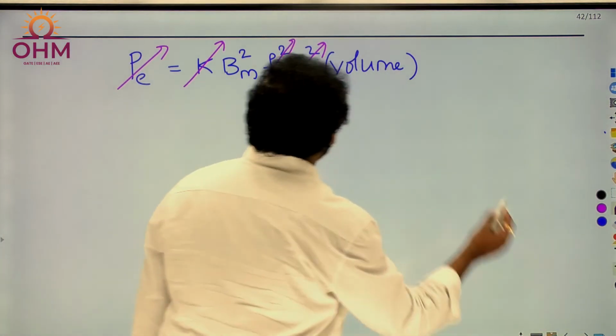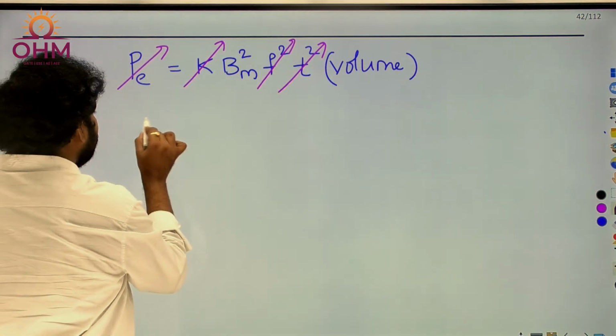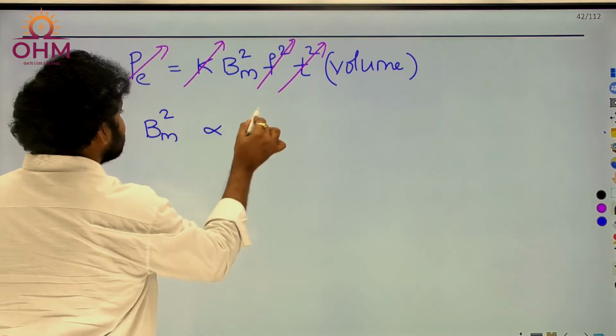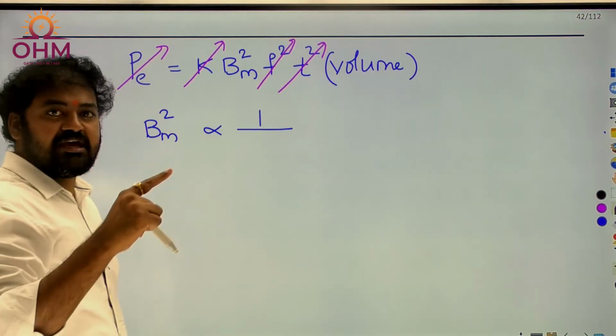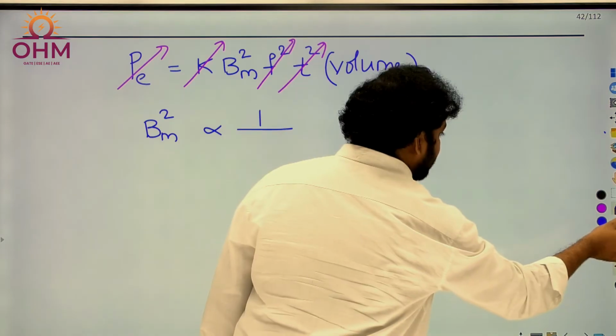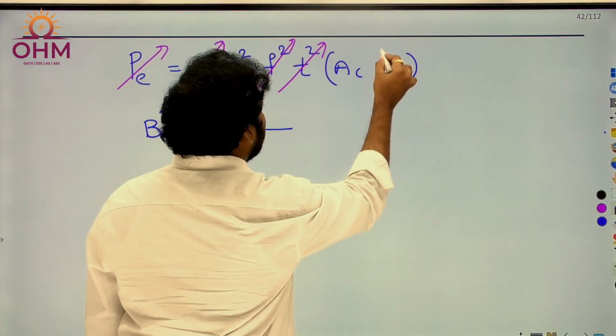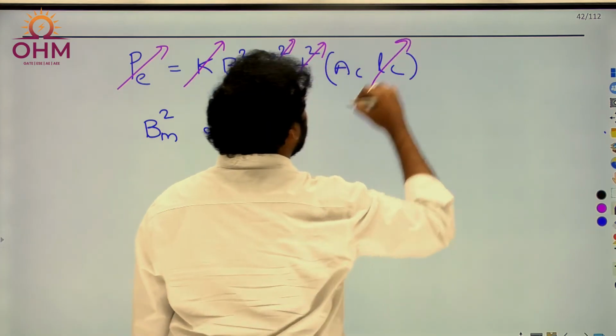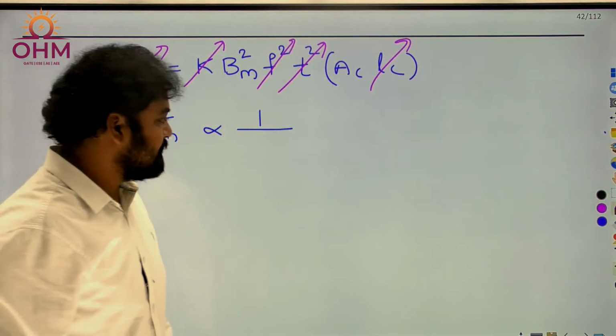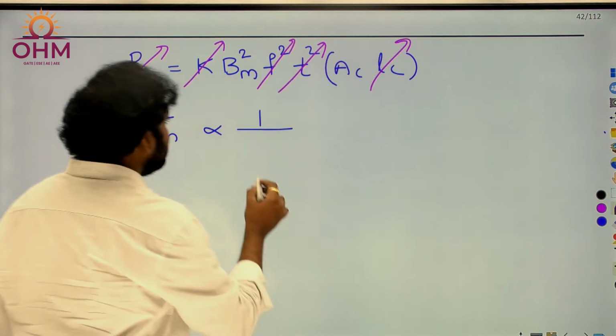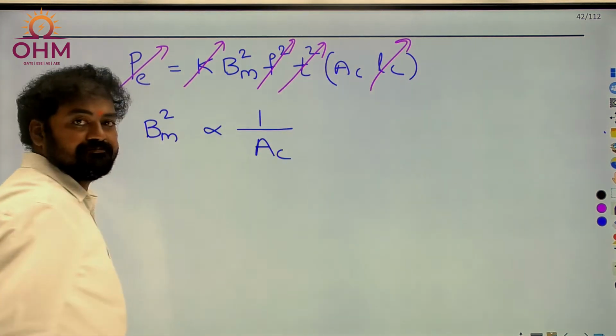Therefore, you can make a conclusion here, Bm square is inversely proportional to volume. Volume is again area into length of the core. We know length of the core is constant, only area was changing. That means Bm square is inversely proportional to area.